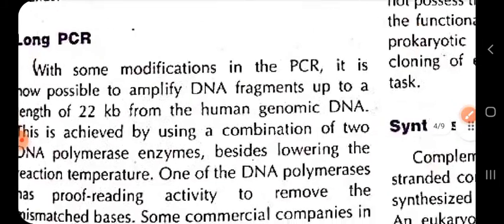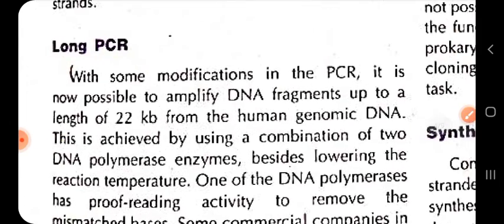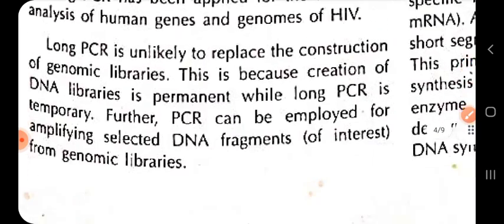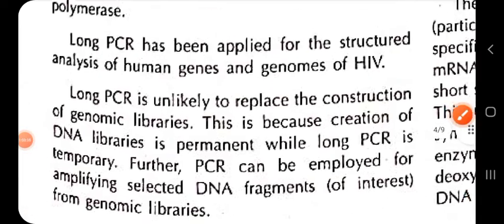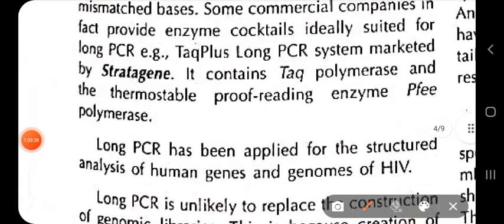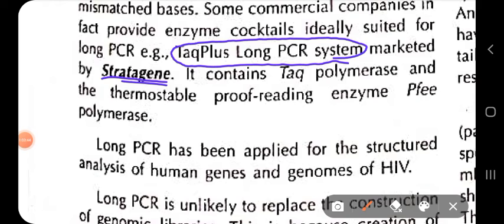As we have seen in long PCR, we have used two different types of polymerase enzyme. Here we can see the company called Stratagene marketed this Taq Plus long PCR system where they have used two different types of DNA polymerase.